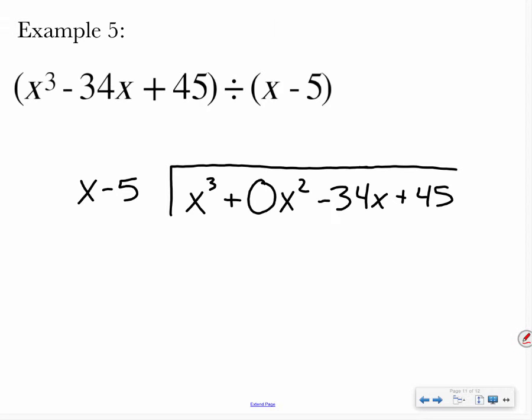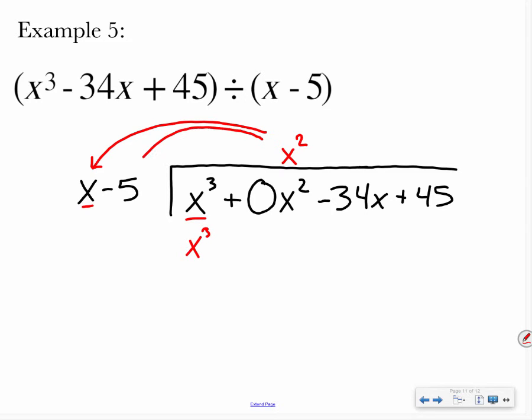So now, let's look at our first term. We have an x cubed, and over here we have an x. So what do we have to multiply x by in order to get x cubed? We have to multiply by x squared. So let's do our x squared times our x. That's going to give us our x cubed that we want.